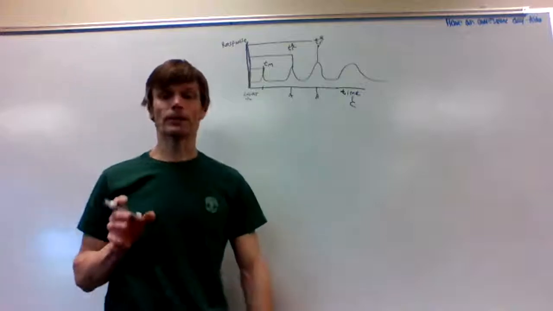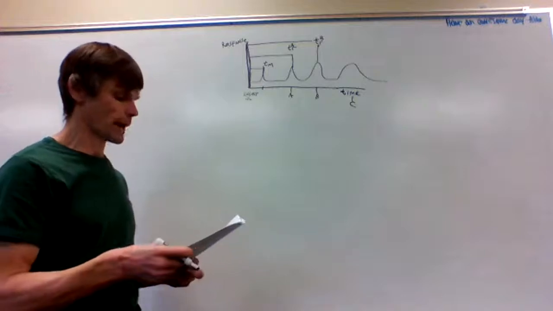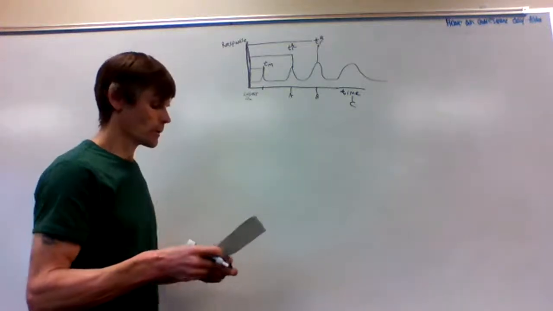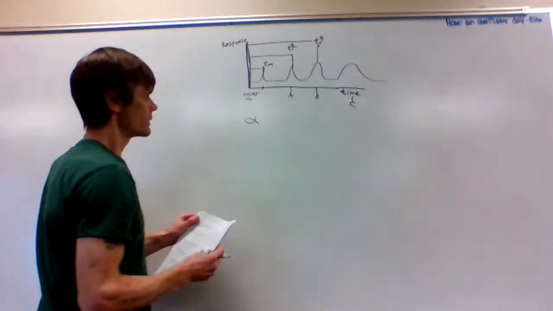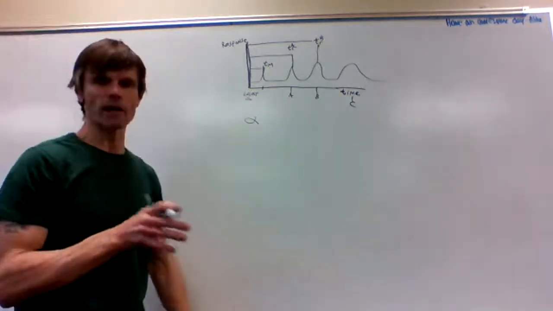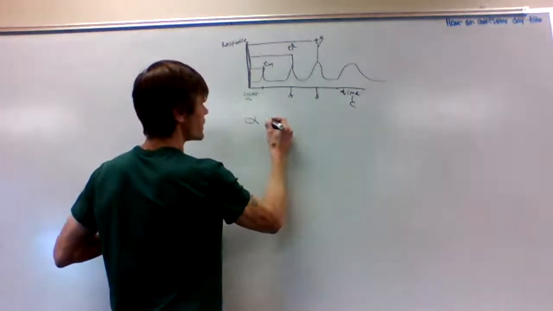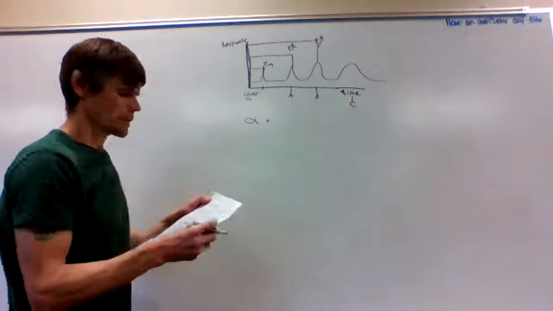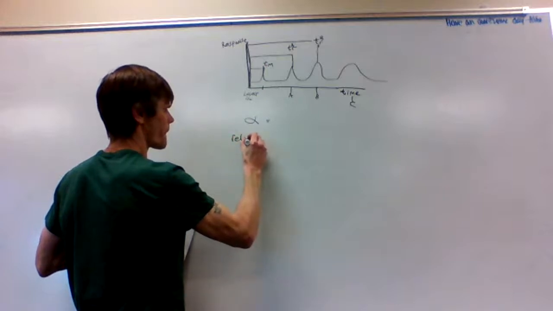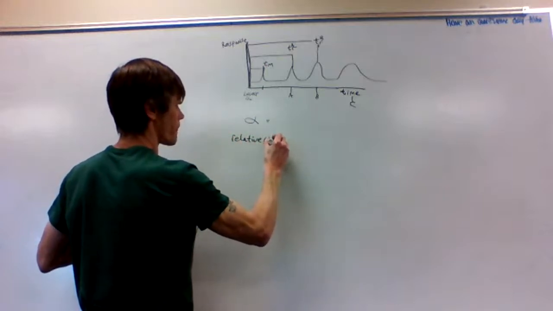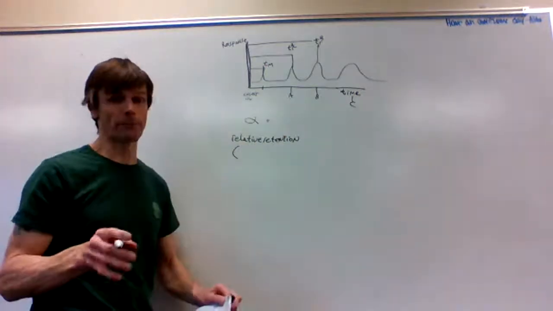Another important piece of information we can get based upon our chromatogram is what we call a separation factor, alpha. Alpha, and we're going to use this as a comparator between two components. Alpha is also known as relative retention or separation factor.